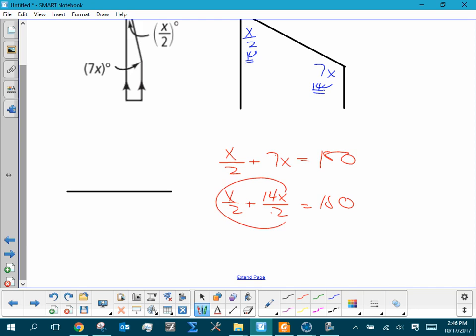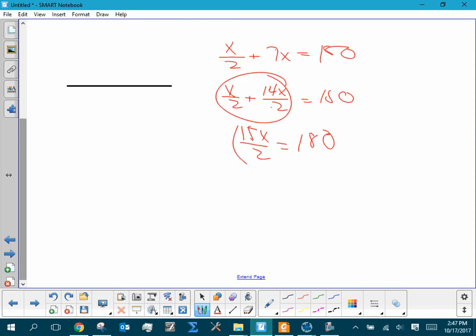Okay. So now I've got two fractions I can add together because they have the common denominator. So I get 15x over 2 is equal to 180. Okay. Can I multiply both sides by 2 here? Which is ultimately what we did earlier in the same problem, but multiply that by 2, that by 2, that by 2, which is still multiplying both sides by 2. 15x equals 360. X is still 24.